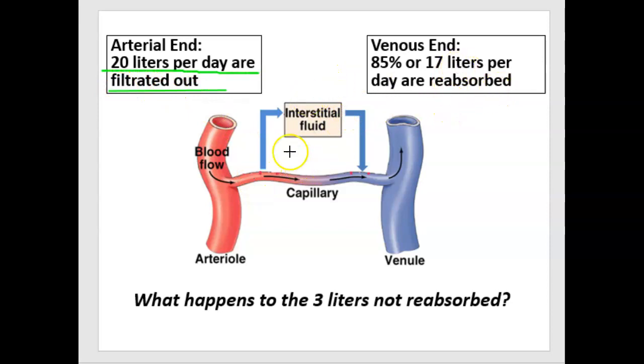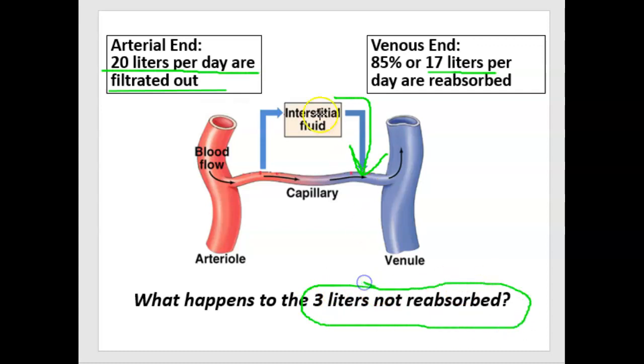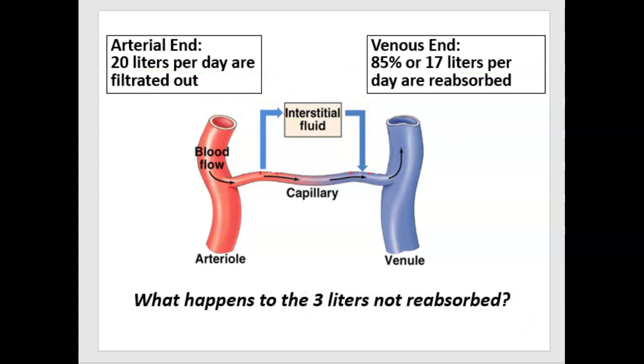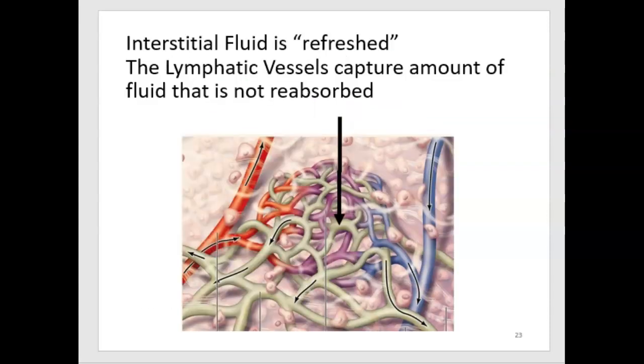And at the beginning of the lecture, I said that 85% of the 20 liters is going to be reabsorbed at the venous end. That's 17 liters. I did the math. So what happens to those 3 liters that aren't reabsorbed? Does that fluid just stay in the interstitial space? Well, some of it does, right? But what that allows for is refreshing the interstitial fluid.